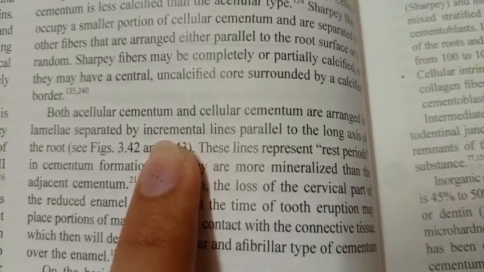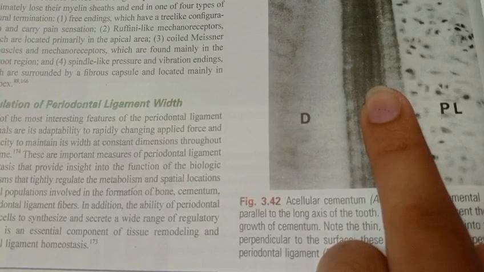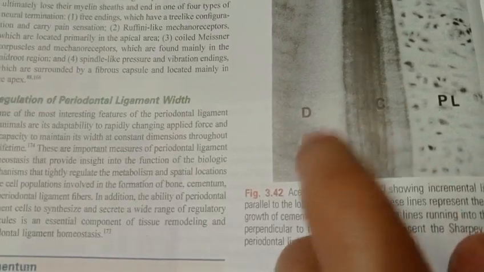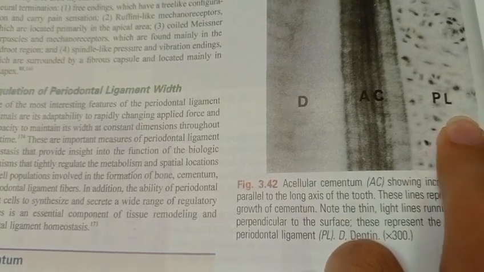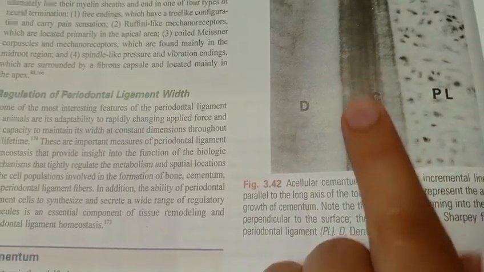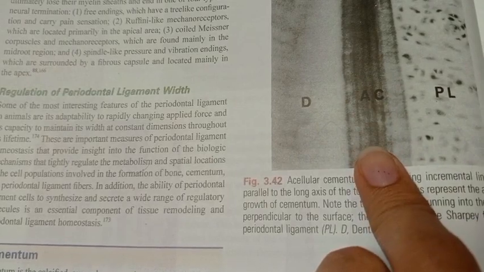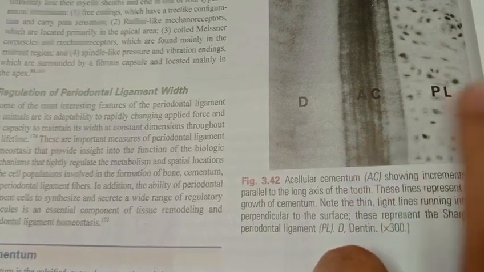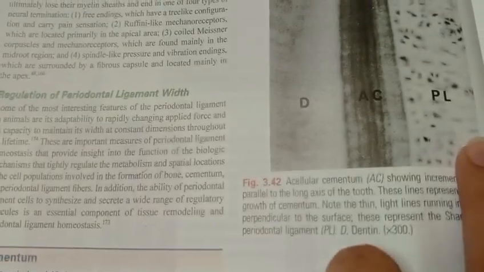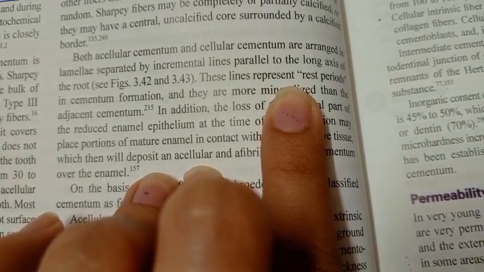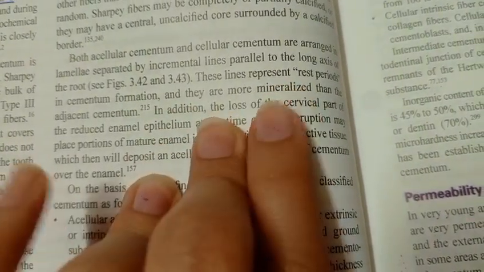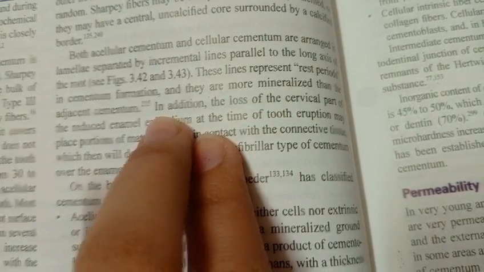Here, this is acellular cementum, this is dentine, and this is the periodontal ligament. You can see these are the incremental lines. These incremental lines show the appositional growth of cementum. These lines are also called rest periods in cementum formation. They are more mineralized than the adjacent cementum.